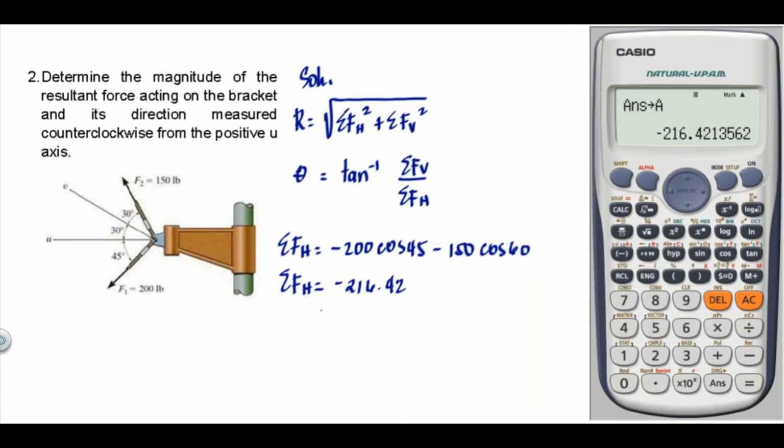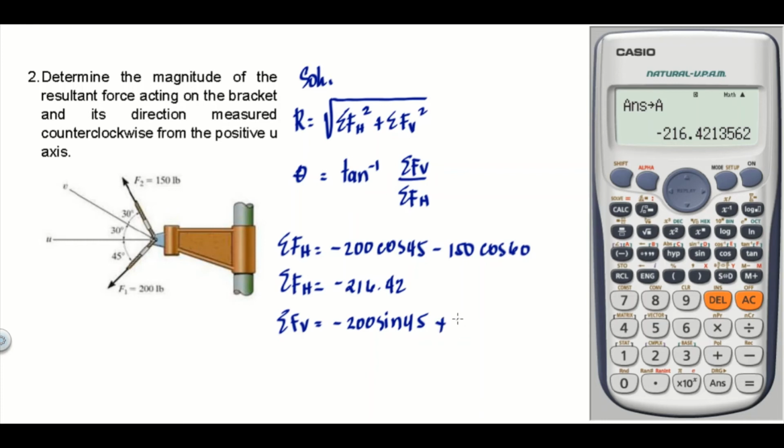There. Okay? Then, summation of forces vertical is equal to, so yung F2, meron siyang positive Y or positive vertical component. Ano? Then, yung F1, meron siyang negative. No? Okay, so unahin natin yung 200. So, minus 200 sine of 45 degrees. Okay?